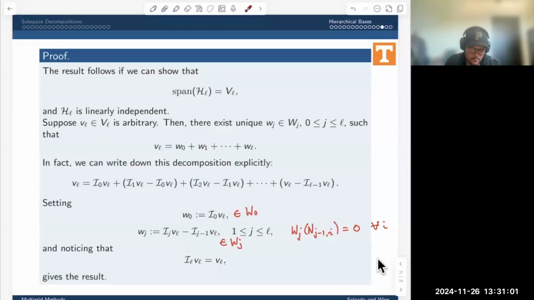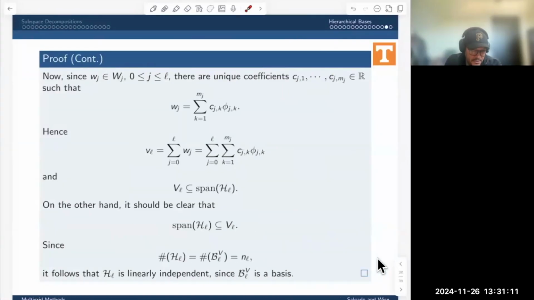Well, actually, it's not quite there yet, because we have to show that now these can be written in the basis elements. So let's do that next. Since each wj is in capital Wj, there are unique coefficients Cj1 through Cjm in R such that each wj can be written in the basis functions from Wj.